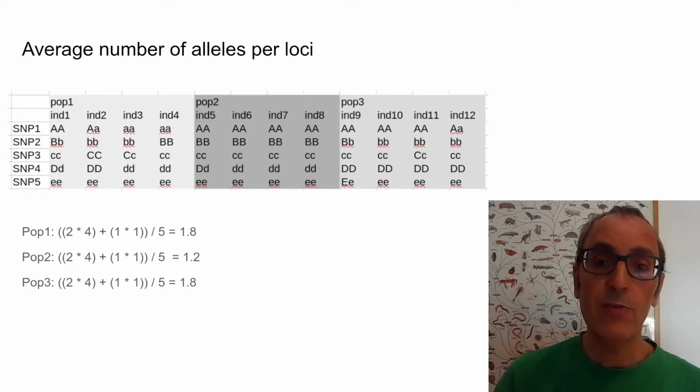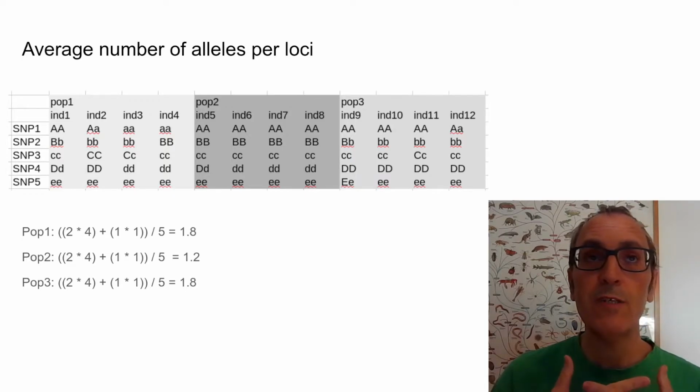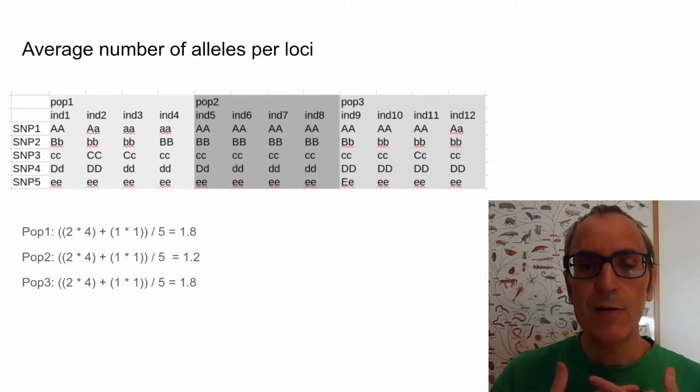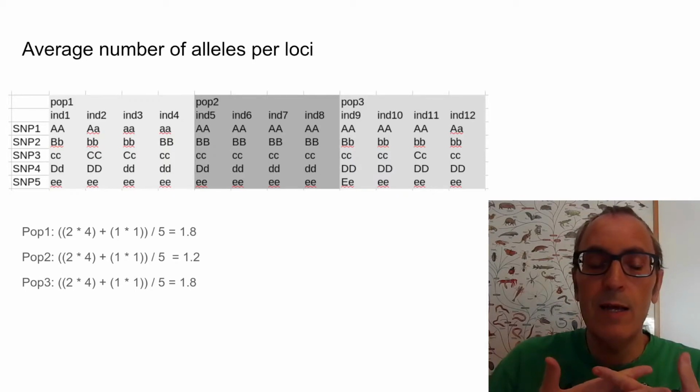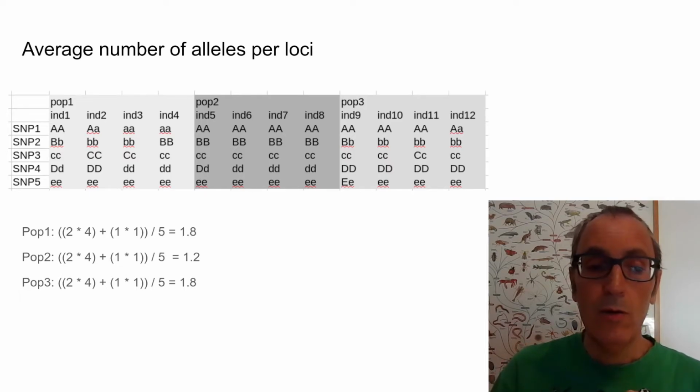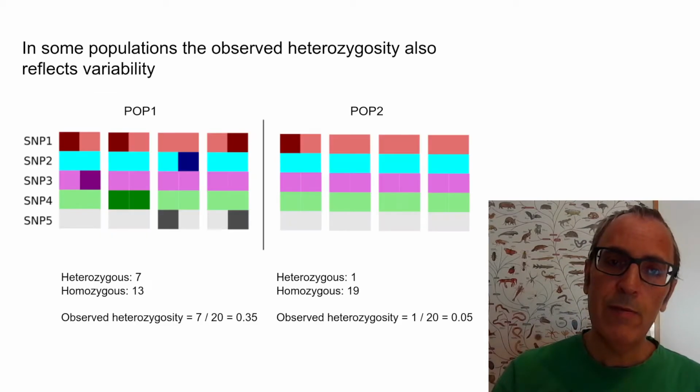Of course, if we are talking about different kinds of markers, like for instance microsatellites, the mean number of alleles for microsatellites in a population could be very, very high. We could have 10.5 as an average number of alleles for a marker. This is another measure of diversity.